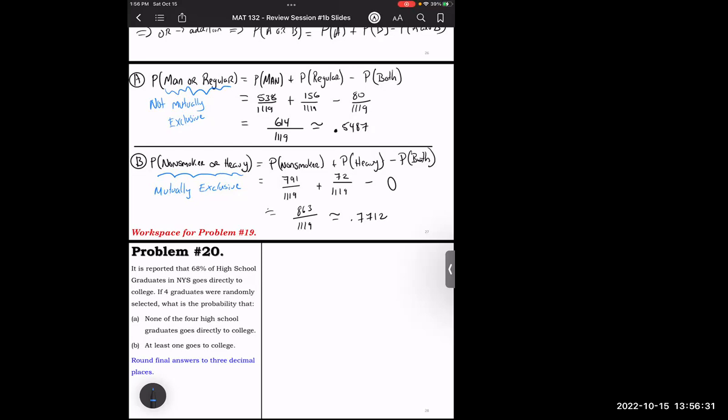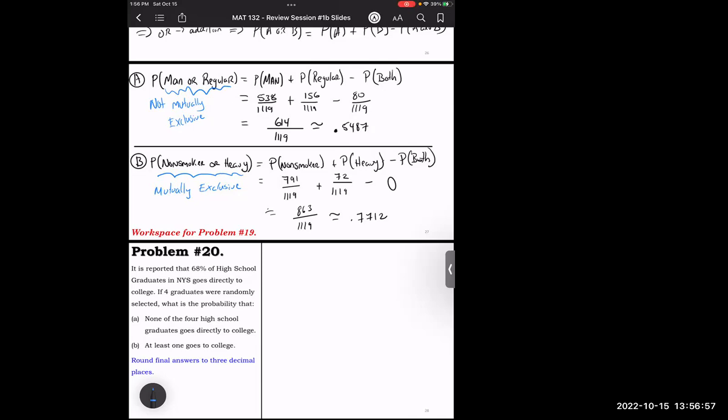This is a final exam question at another college I used to teach at. I don't teach there anymore, but I pulled this question up from there. If 4 graduates were randomly selected, what is the probability that in part A, none of the 4 high school graduates goes directly to college, and then part B states at least 1 goes to college?